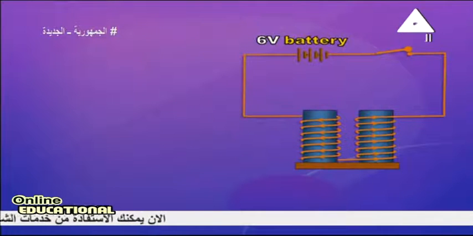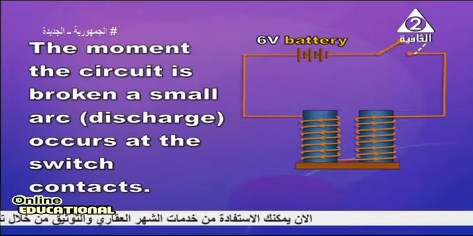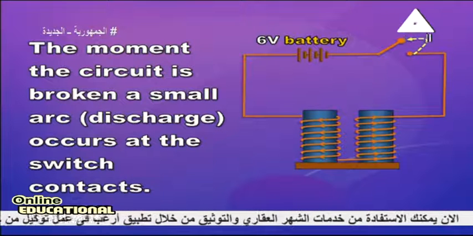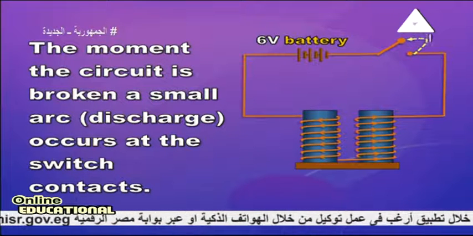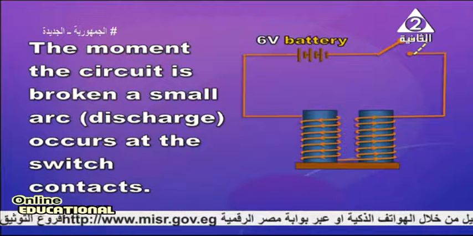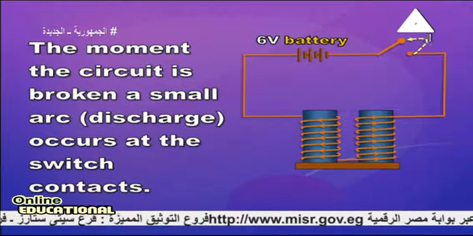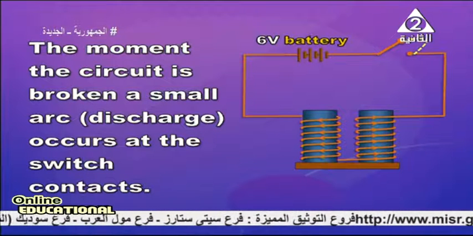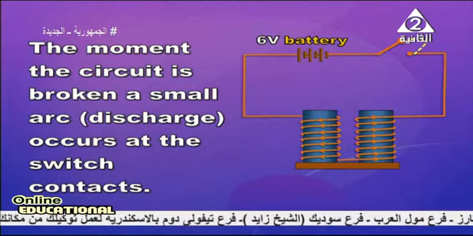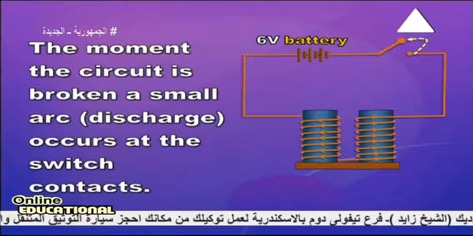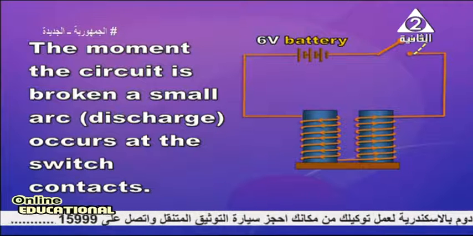The moment the circuit is broken, a small arc occurs at the switch contacts, which means we've got a discharge. At the instant the switch is opened, we can note the presence of a discharge, a small arc.